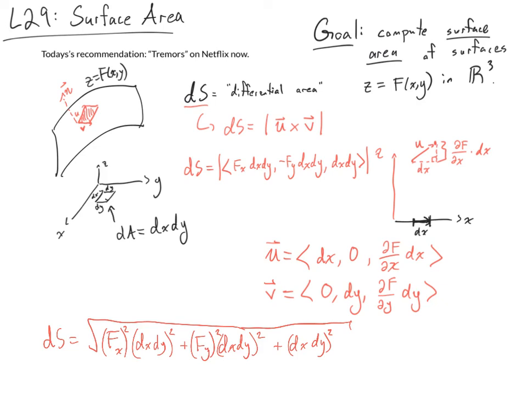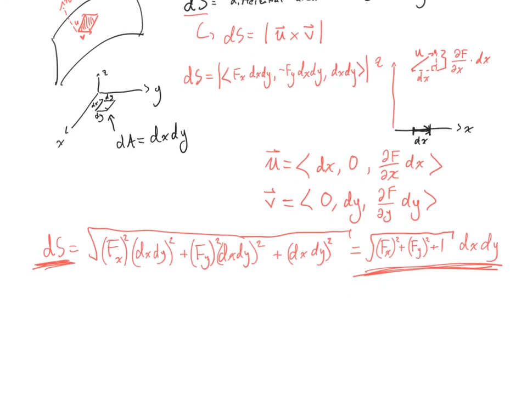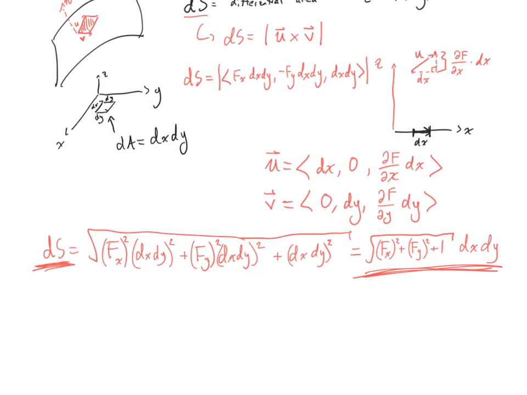That looks terrible, but what we'll do is just factor out the (dx dy) squared that's in all of these and move it outside of the square root. So this is totally the same as the square root of fx squared plus fy squared plus 1, times dx dy. And that right there is the formula that we need to remember for surface area. It's the only remaining thing I want to draw. It's just our final answer.